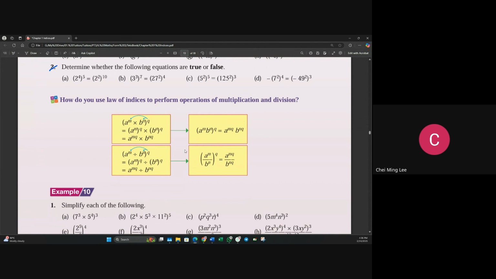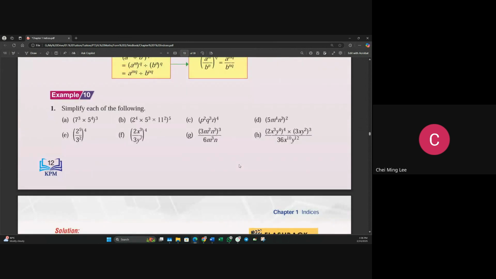So in short, when a^m b^n whole thing is power by q, you get a^mq b^nq. When a^m divided by b^n, power q is a^mq divided by b^nq. So for this example, it's the same.